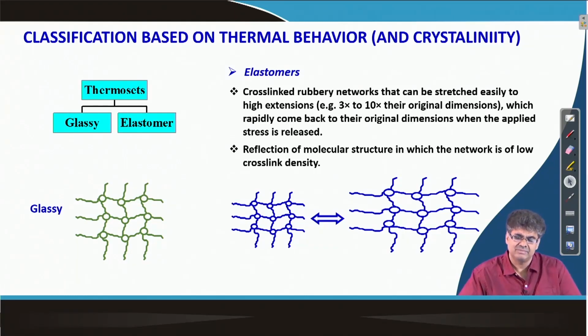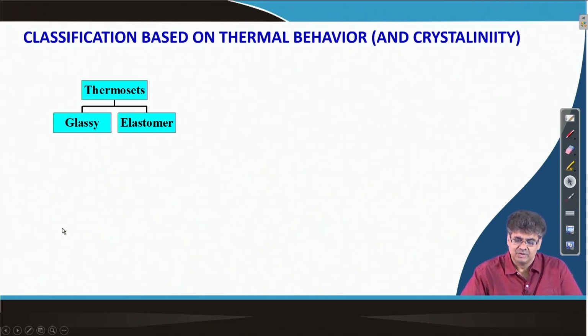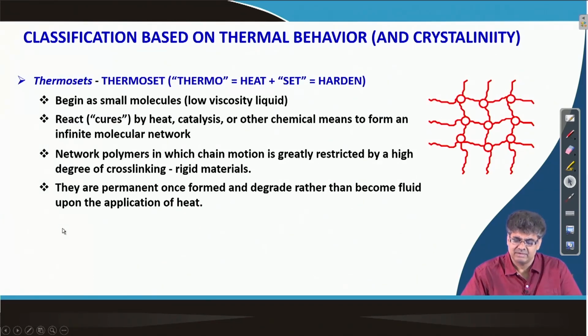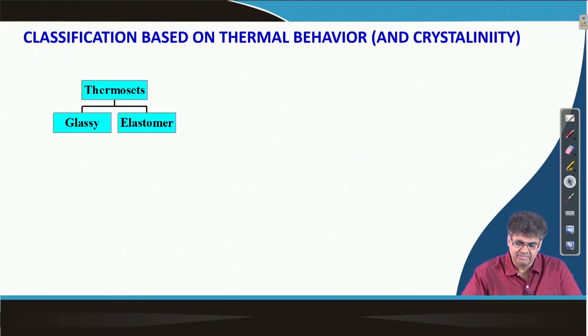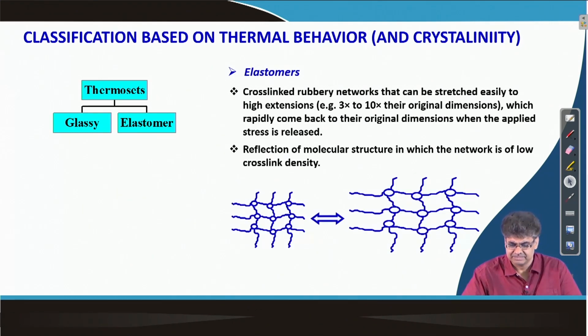So, basically in terms of thermal behavior, we have two classes of material: thermoplastics, which we again subdivide into two cases, and then thermosets, where we have glassy and elastomer type thermosets.